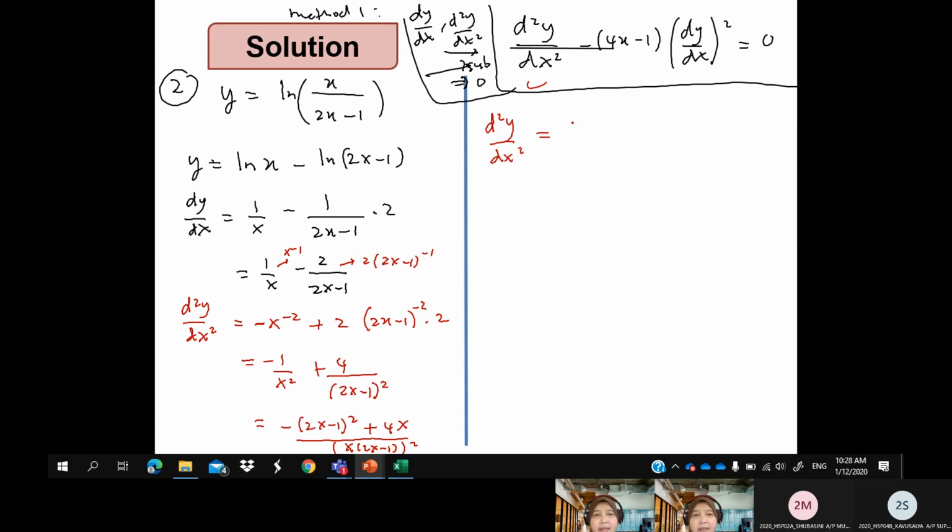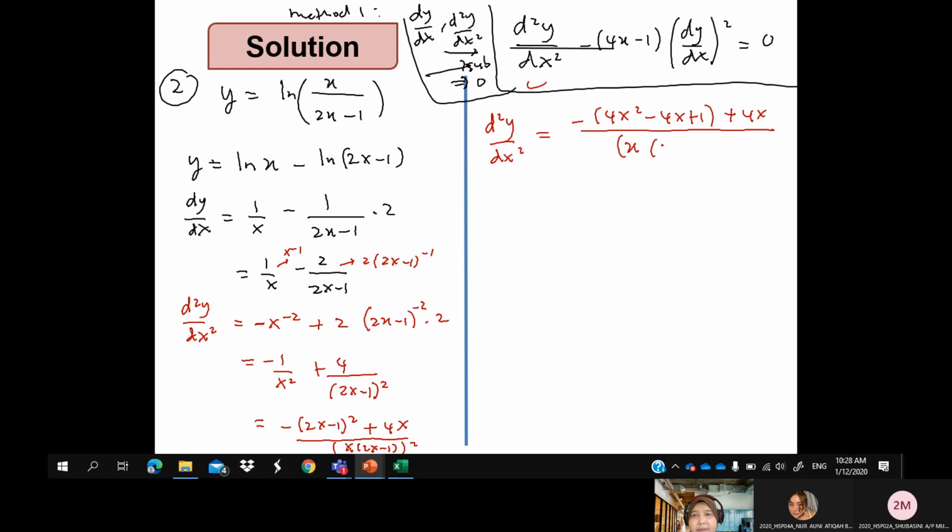Expand. Negative 4x squared minus 4x plus 1 plus 4x. Or I apply this one too.